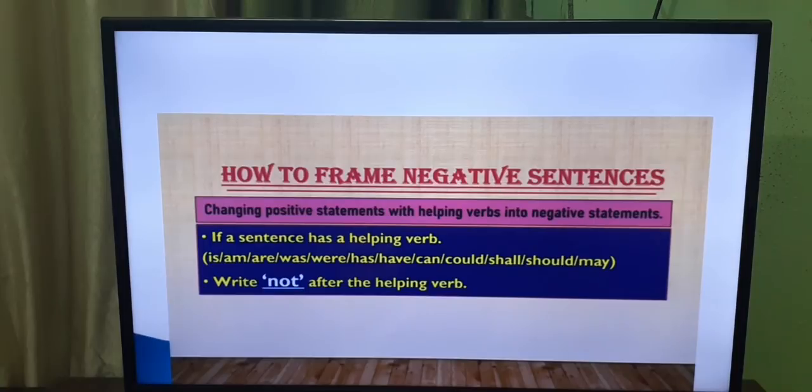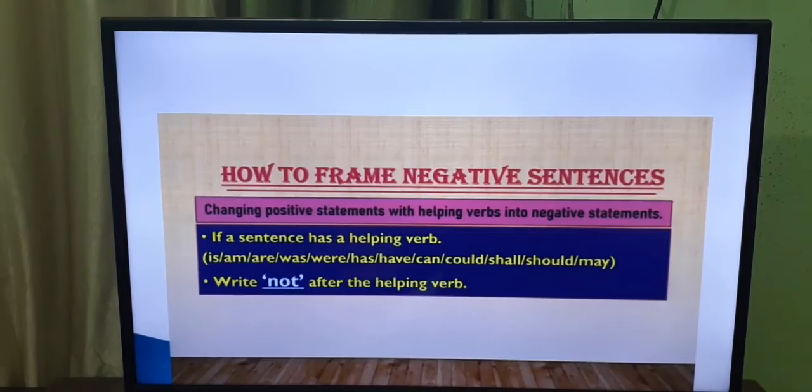A helping verb helps the main verb, the main action verb in the sentence, to give a better meaning to the sentence.